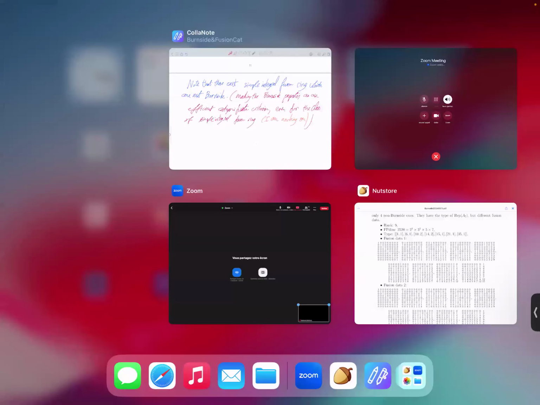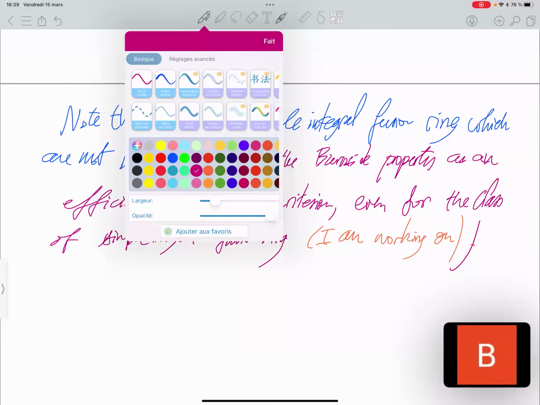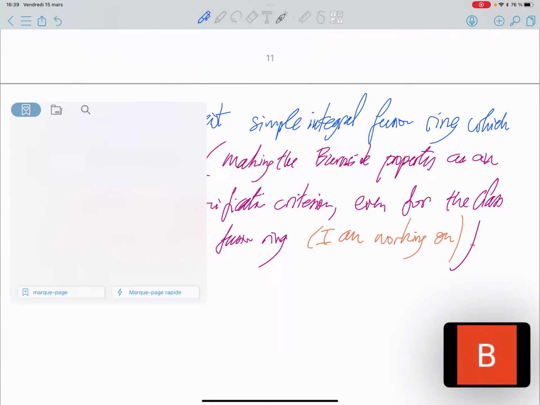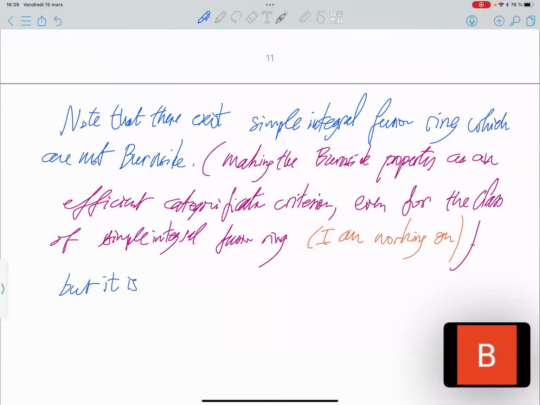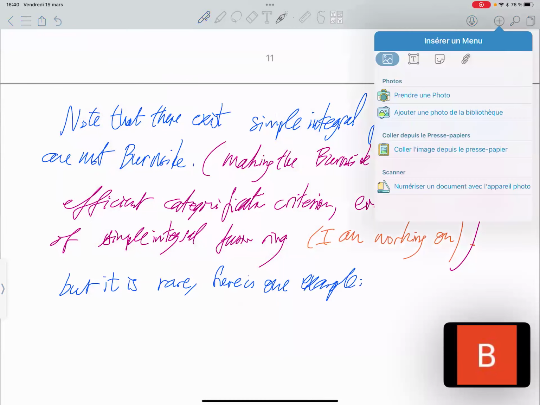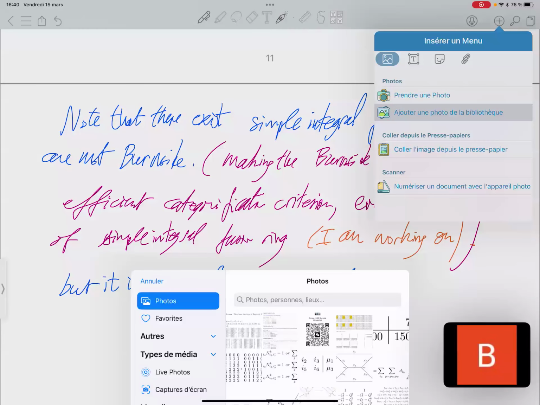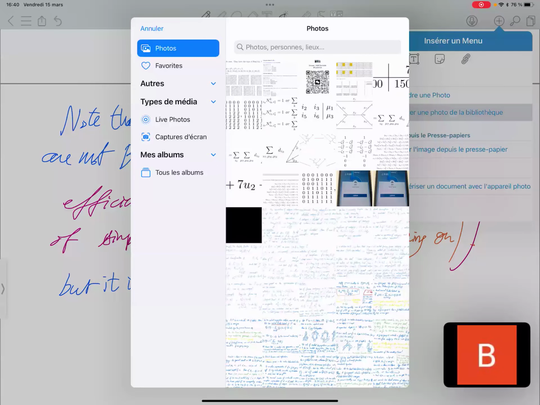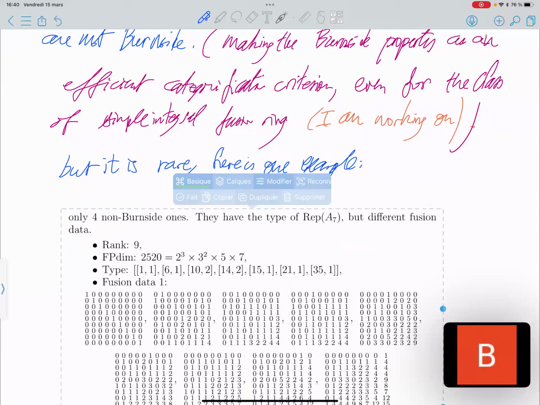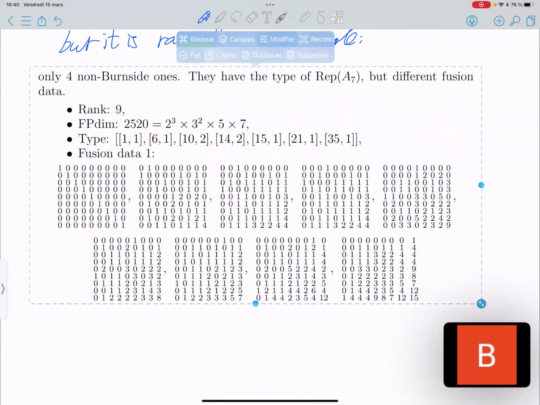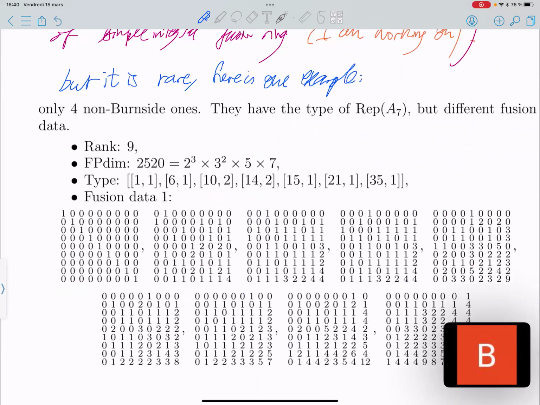Like that. But it is rare. Here is one example. Let me add it. Okay.